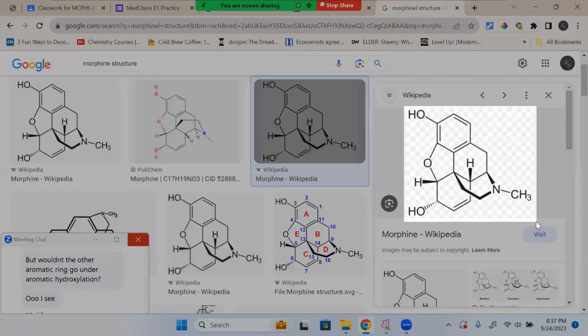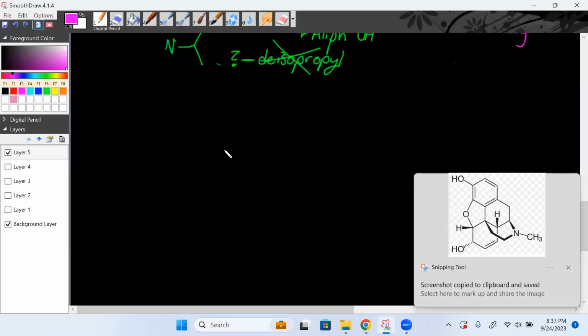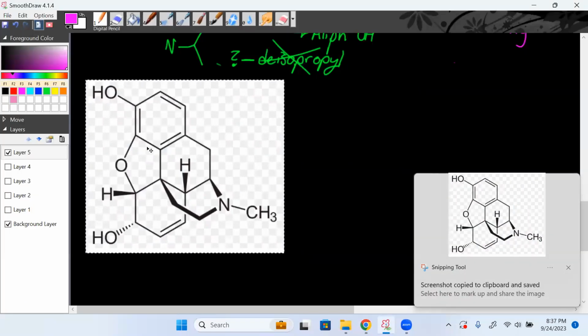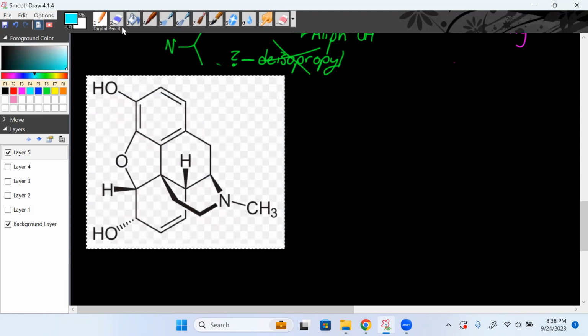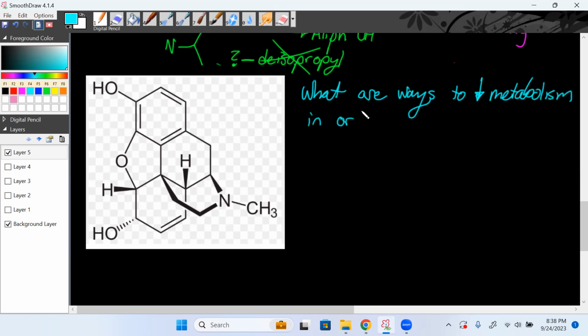So taking the structure of morphine, what I want you to think about is what are ways to decrease metabolism in order to increase half-life.